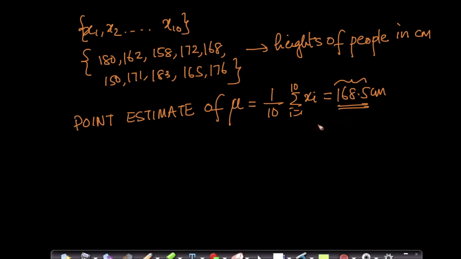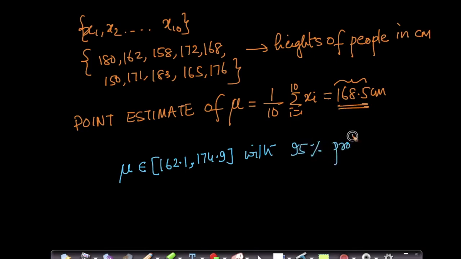Instead of giving a point estimate, imagine if I give an alternative estimate like this. Imagine if I can say that my population mean lies in the interval of, let's say, 162.1 centimeters and 174.9 centimeters with 95% probability.